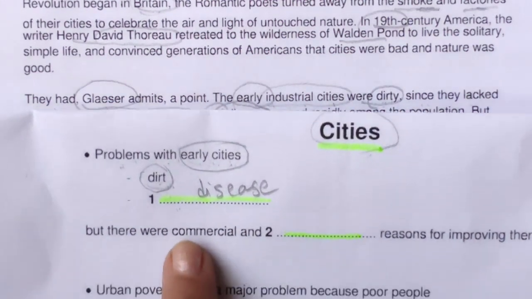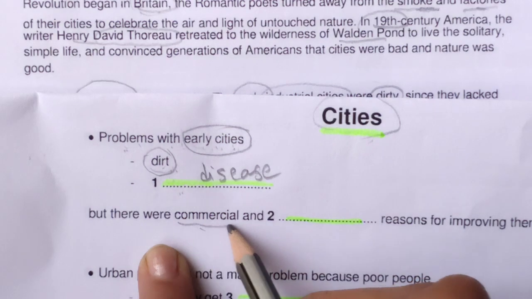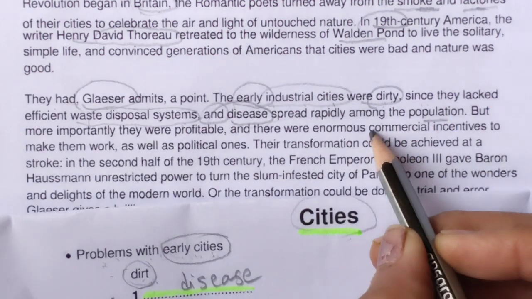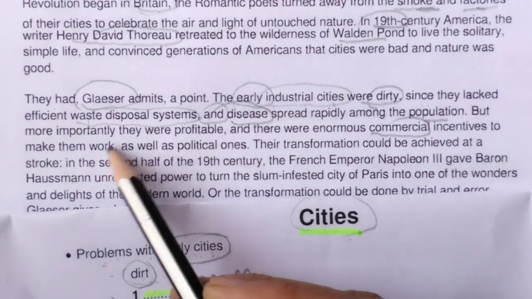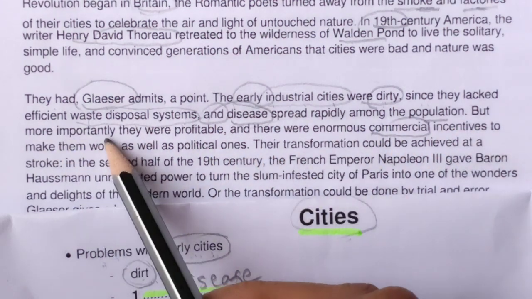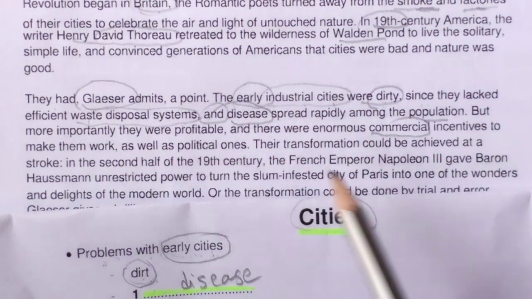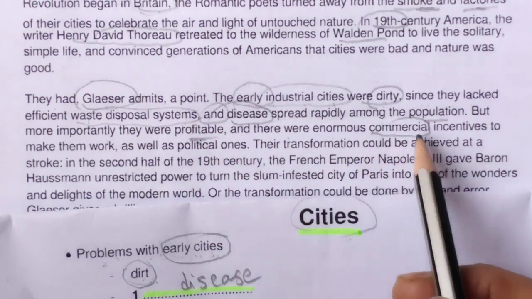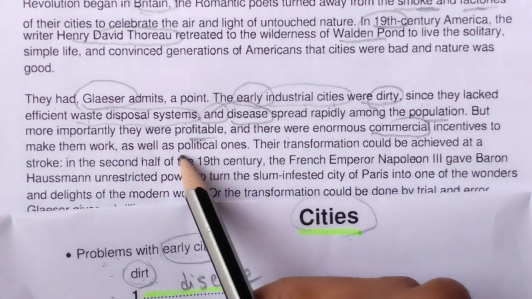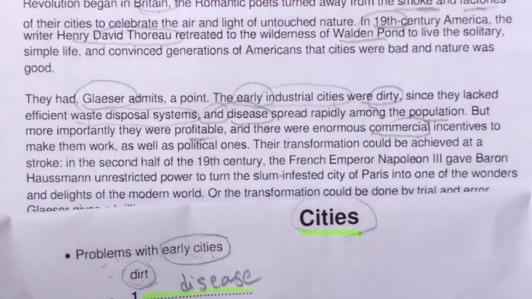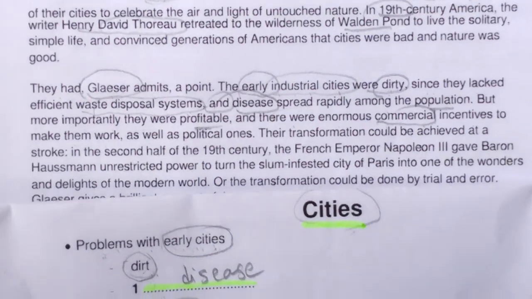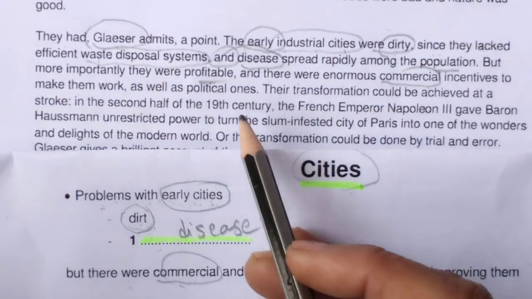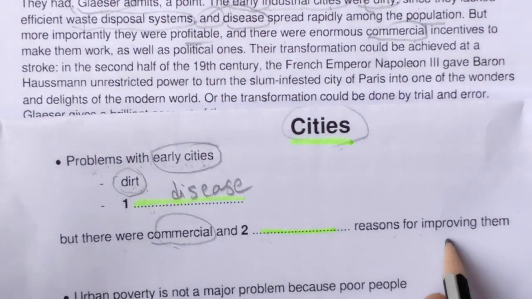Okay, next: there were commercial and reasons for improving them. Okay, commercial I can see here, but more importantly they were profitable, and there were enormous commercial incentives to work with them, as well as political ones. Okay, so profitable, but they were commercial and reasons for improving them.